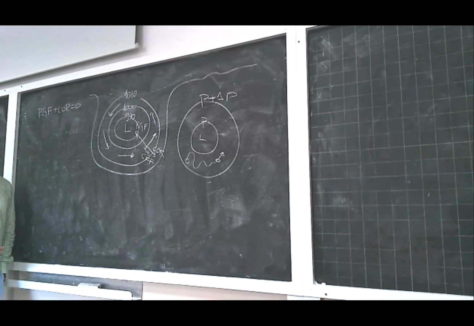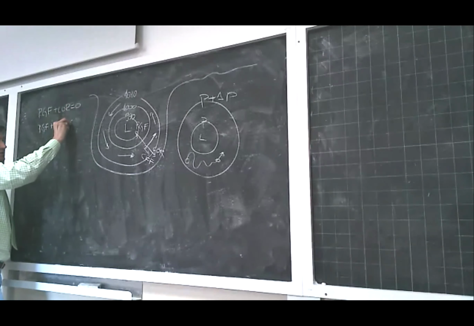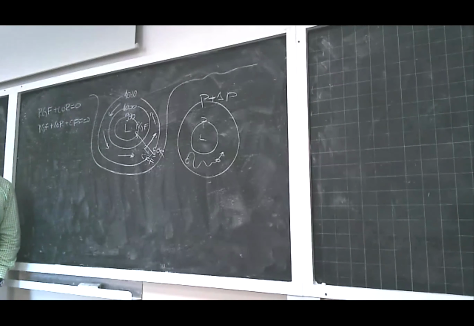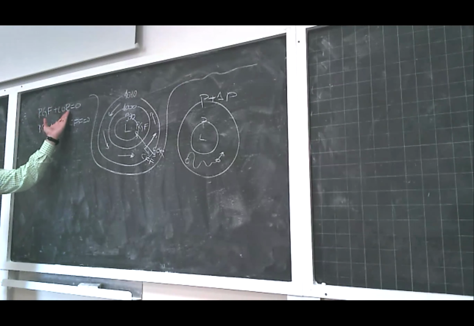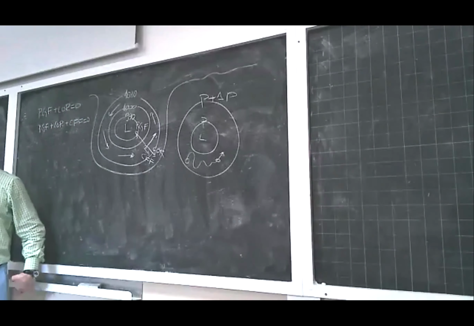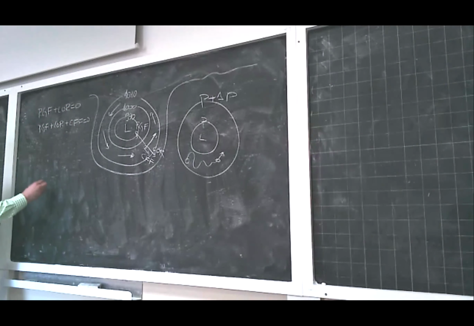That was geostrophic wind. Pressure gradient force plus Coriolis force plus centrifugal force equals 0. That's gradient wind. So geostrophic wind is the special case of gradient wind when the isobars are straight, when there is no centrifugal force.